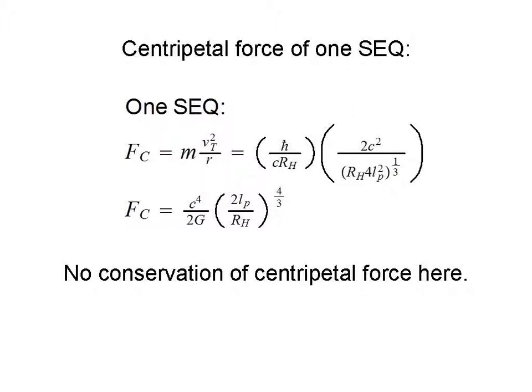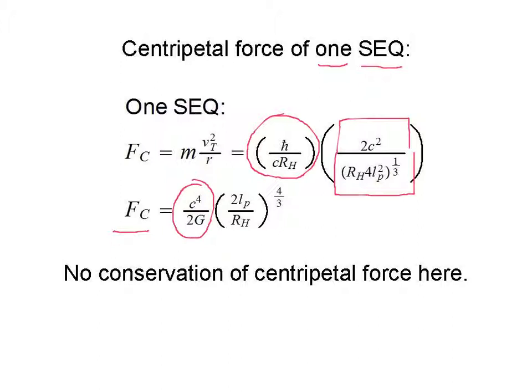Looking at the centripetal force of one small energy quantum, we find the mass of the small energy quantum times our constant tangential velocity squared divided by the radius of the small energy quantum. And we get the centripetal force is equal to our initial conserved value, c to the 4th over 2G, times 2 Planck lengths over r sub h to the 4/3 power.